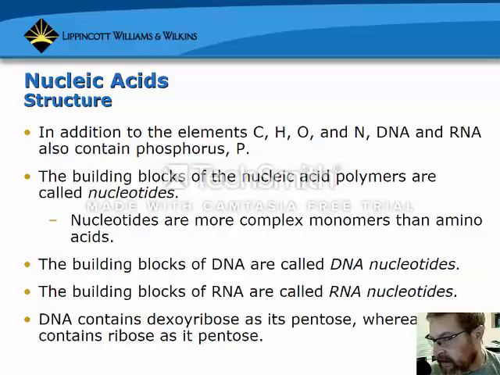The building block of a nucleic acid is called a nucleotide, and they are a bit more complex than amino acids. So we can either have DNA deoxyribonucleotides, or in RNA we can have ribonucleotides or RNA nucleotides.